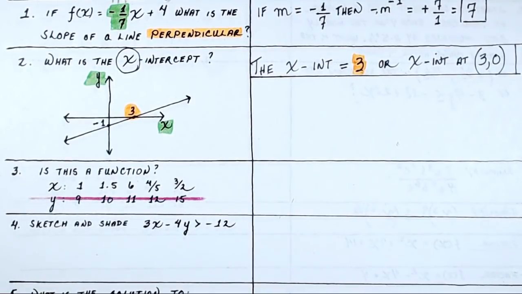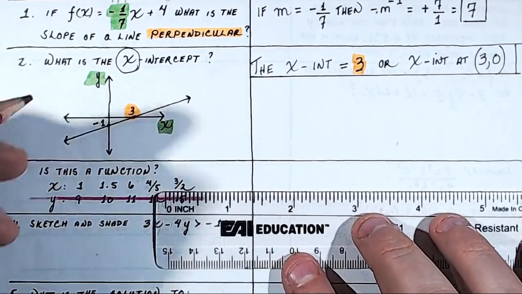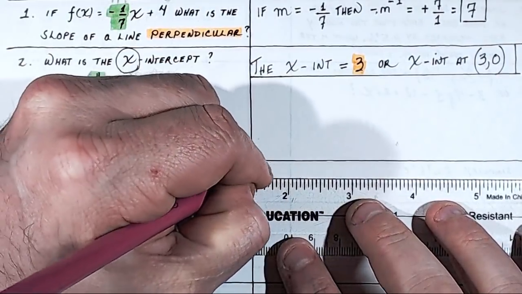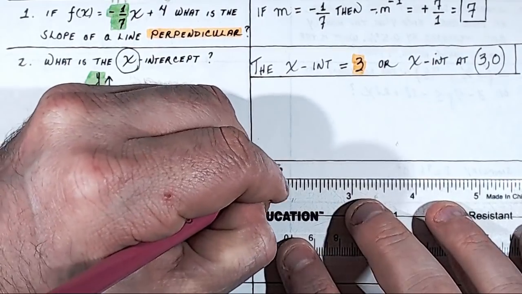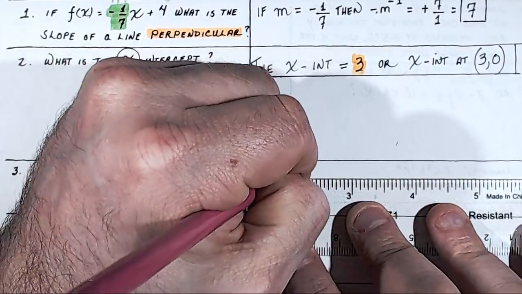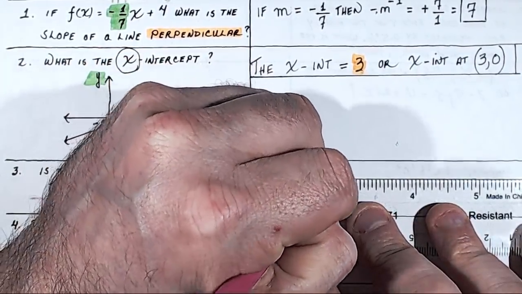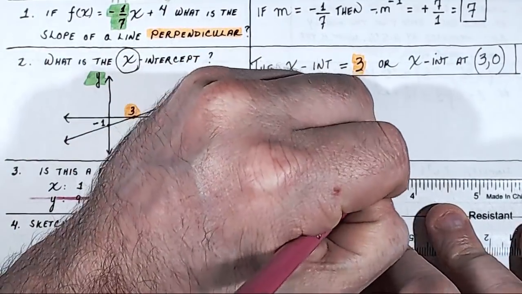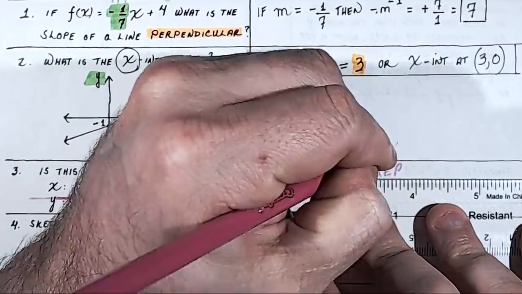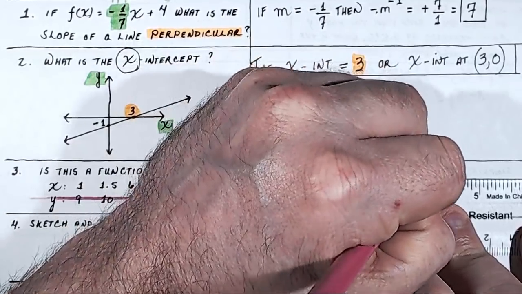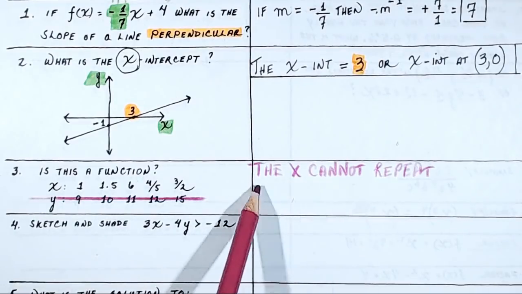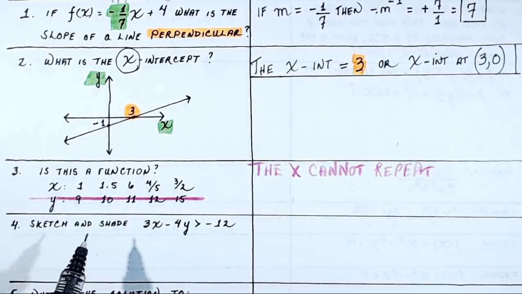Remember, and this is crucial, the x cannot repeat. If the x repeats, it breaks the vertical line test. So we have to see if the x's repeat.